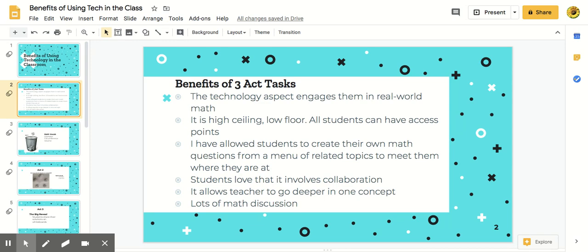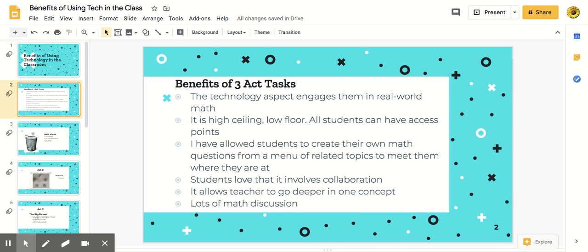What I have found is that with my students, everybody is able to access a 3-Act task because they are seeing a visual, they're watching a video, they're discussing it with friends and with their teacher, and it really allows everyone to feel included because even if they don't have the answer, they can talk through the problem with their peers.